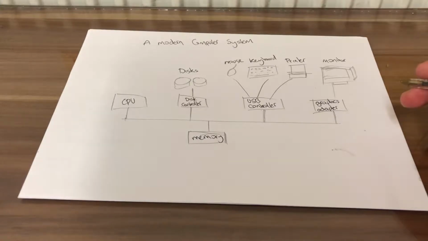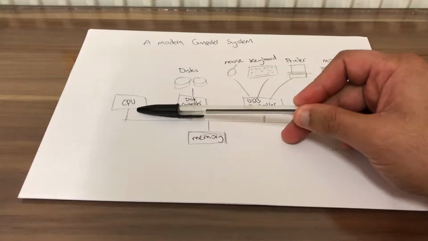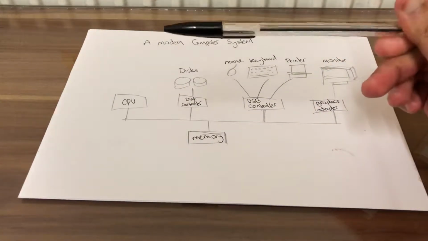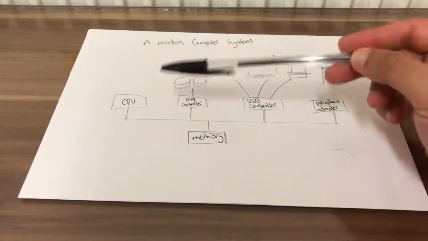Typically, it is stored within the computer hardware, in read-only memory such as ROM, or electrically erasable programmable read-only memory, which is EEPROM, known by the general term firmware. It initializes all aspects of the system, from CPU registers to device controllers to memory contents.